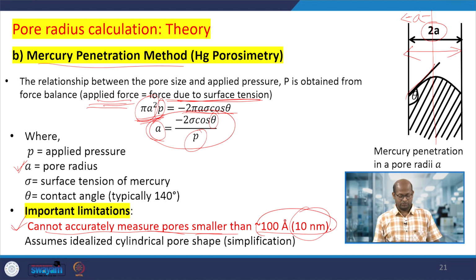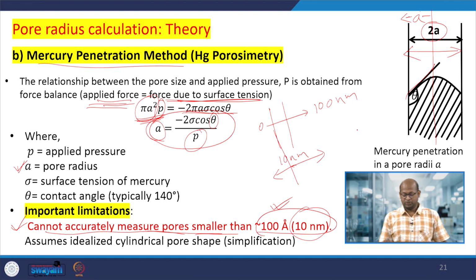So the pores may range from 0 to 100 nanometers; if they are less than 10 nanometers we cannot find them, but above this we can. This is the limitation of this particular method.